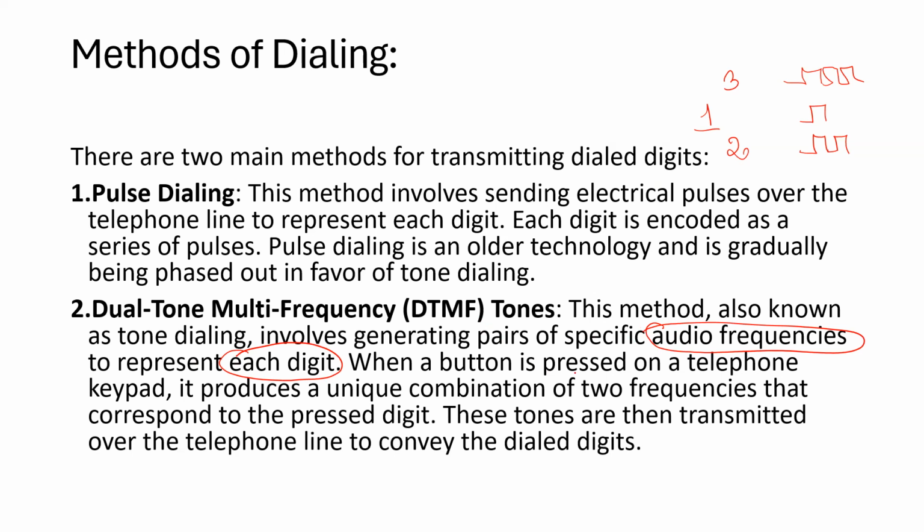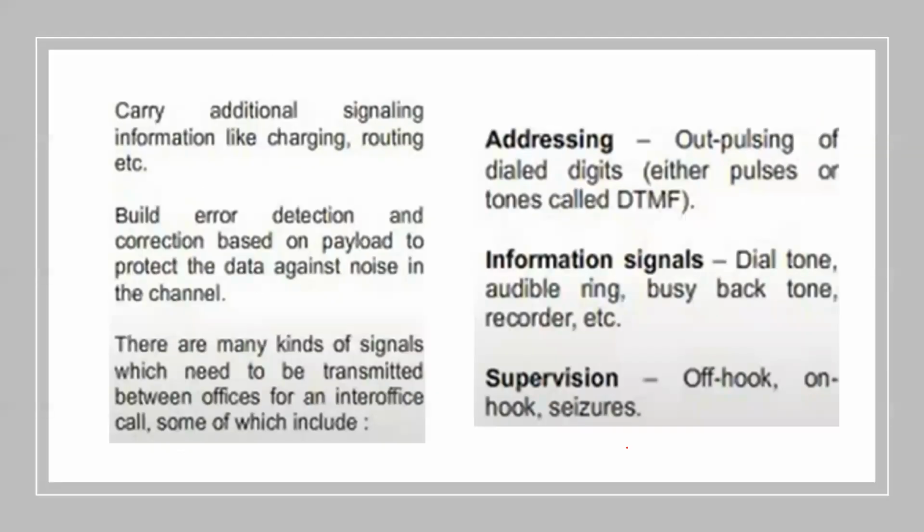When a button is pressed on a telephone keypad, it produces a unique combination of two frequencies that correspond to the pressed digit. These tones are then transmitted over the telephone line to convey the dialed digits. So this is known as dual tone multi-frequency tones.